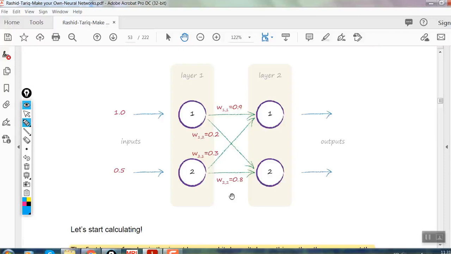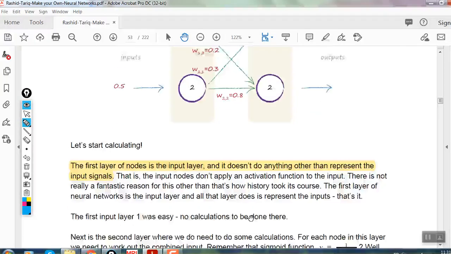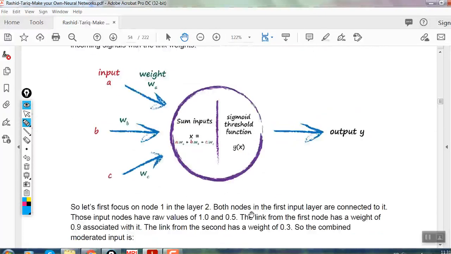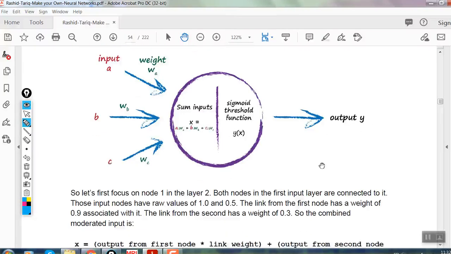And this exactly repeats for the other connections. You can see here A multiplied by WA, B multiplied by WB, C multiplied by WC. We calculate the summation of them and then pass it through the sigmoid function. And finally, we have the output.